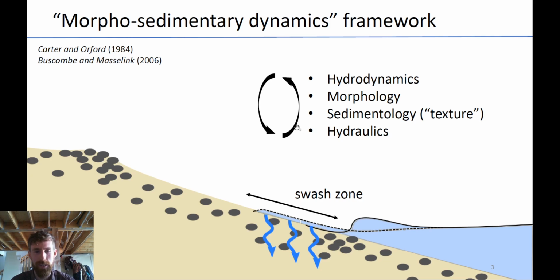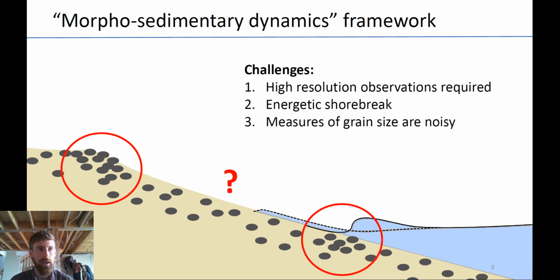So also importantly, such a framework implies some relationship between the morphodynamics, the interaction between hydrodynamics and morphology, and the grain size distribution. And there are regions of the beach where morphology and grain size are widely acknowledged to co-evolve, and here I've pointed out two, one of them being the berm and the other being the beach step.